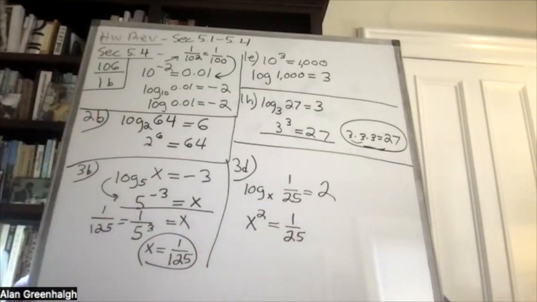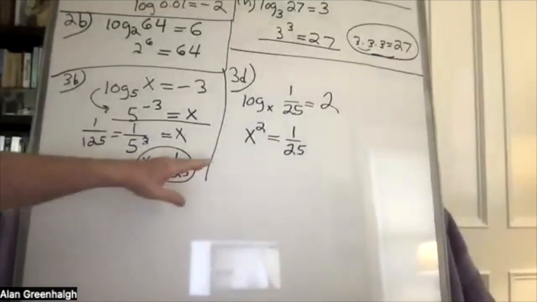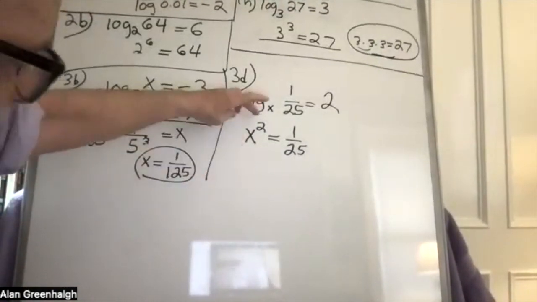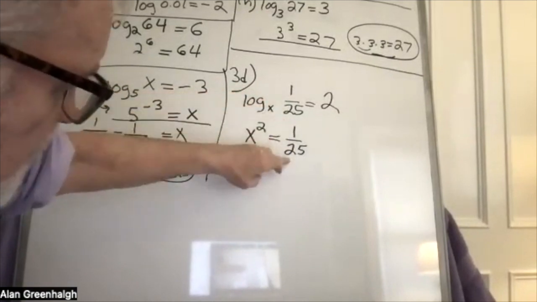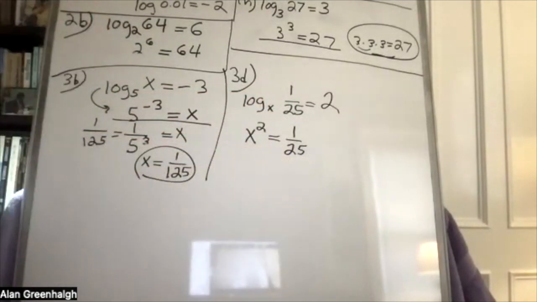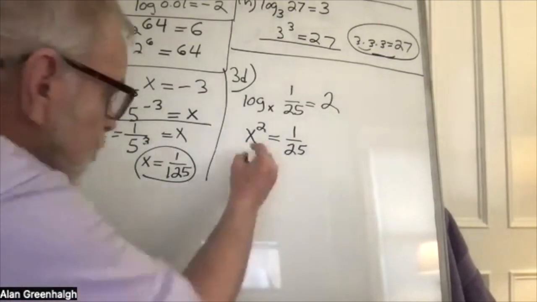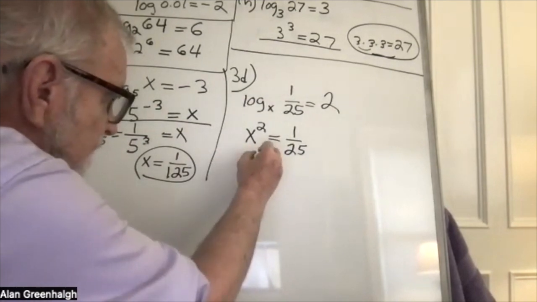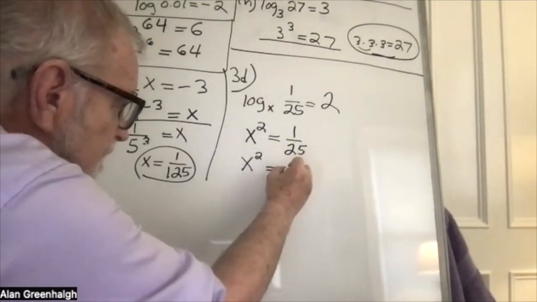And the question is, you could either try to do this just by saying, well, what makes sense here? What number to the second power is equal to 1/25? And you could just kind of imagine what that would look like. But the way they want you to do this, I think, is to probably do something like this.